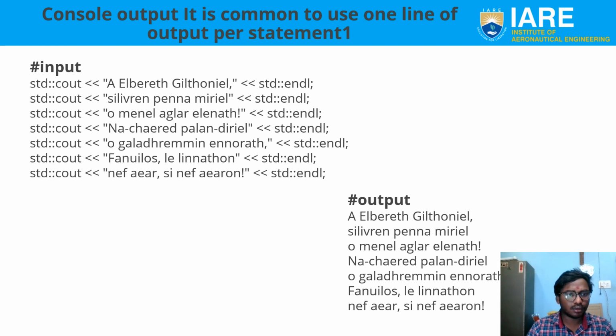We write std::cout << a statement given by the user << std::endl, and repeat this for the second, third, and fourth statements.